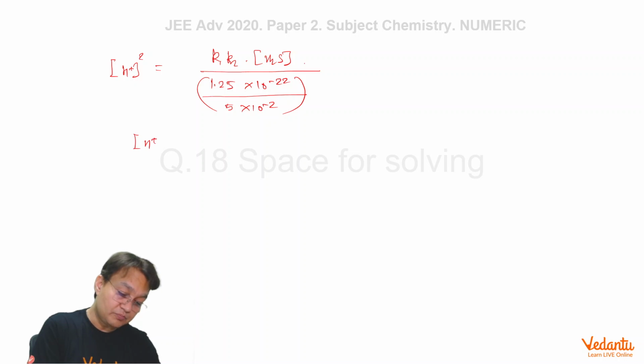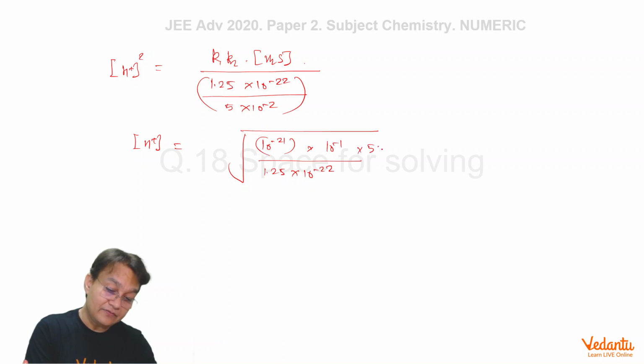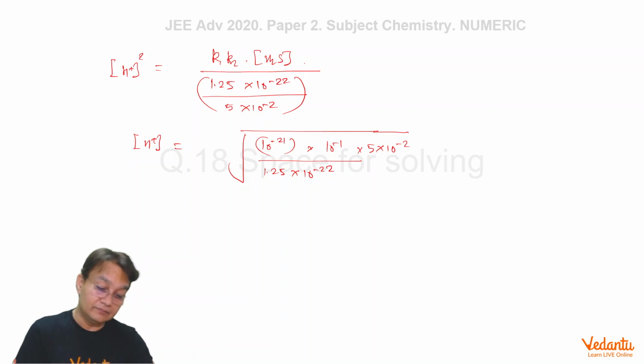That gives H+ concentration equal to the square root of, let's substitute the values of K1 K2, which was 10 to the power minus 21, into the concentration of H2S, which was 10 to the power minus 1, divided by 1.25 into 10 to the power minus 22 multiplied by 5 into 10 to the power minus 2. Fortunately, the 10 to the power minus 21 and minus 1 cancel with the denominator, and this comes out to be 1 upon 25, and the root of this is 1 upon 5, which is 2 upon 10, which is 0.2 M.